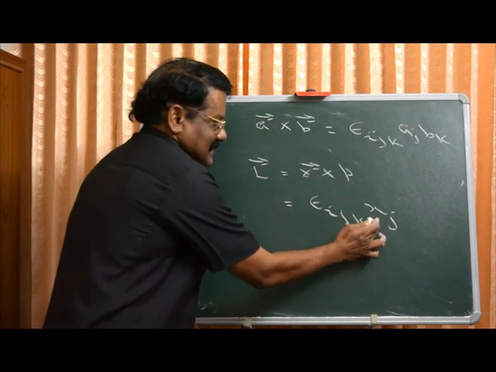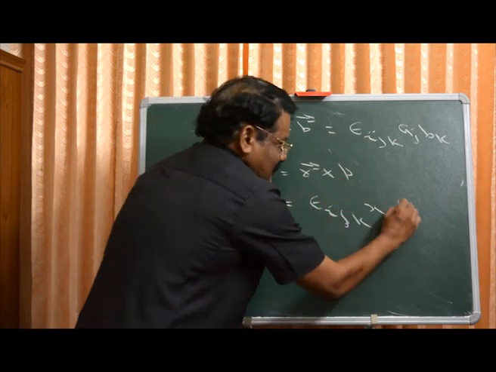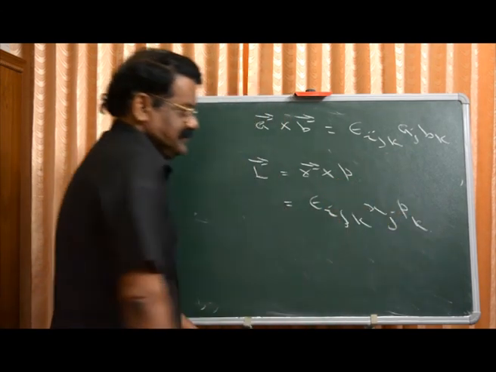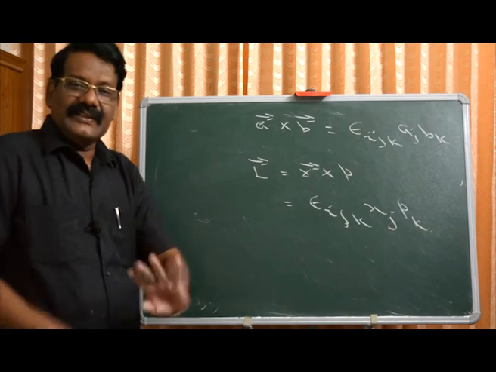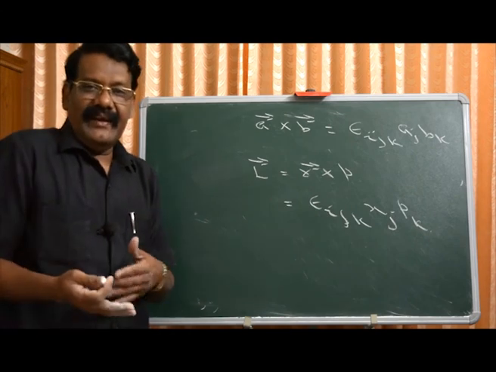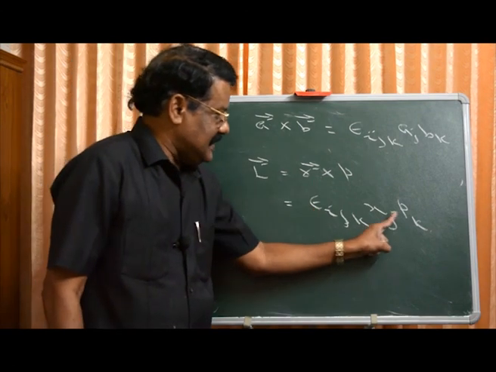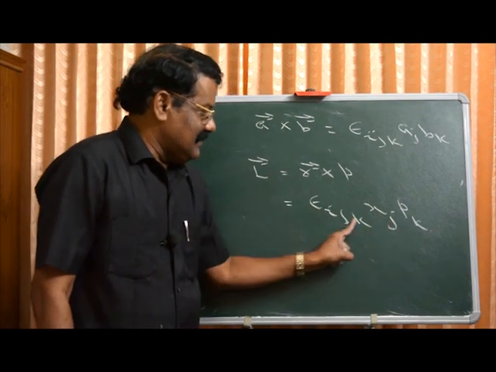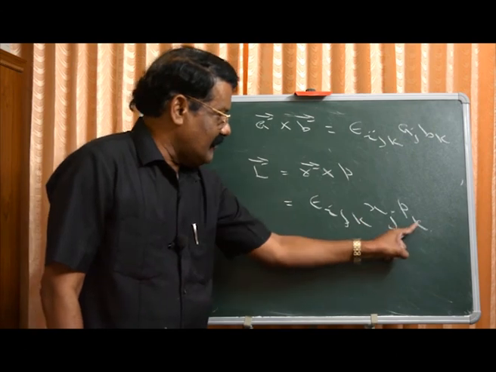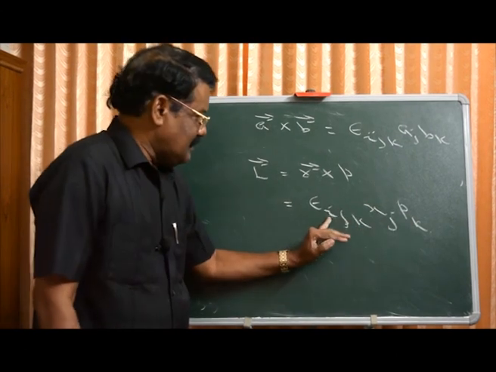That is xj. P has three components, pk. So this is a form of transforming a vector language to a tensor language. It is epsilon ijk xj pk. Summing over j will disappear, summing over k will disappear, ultimately i remains.